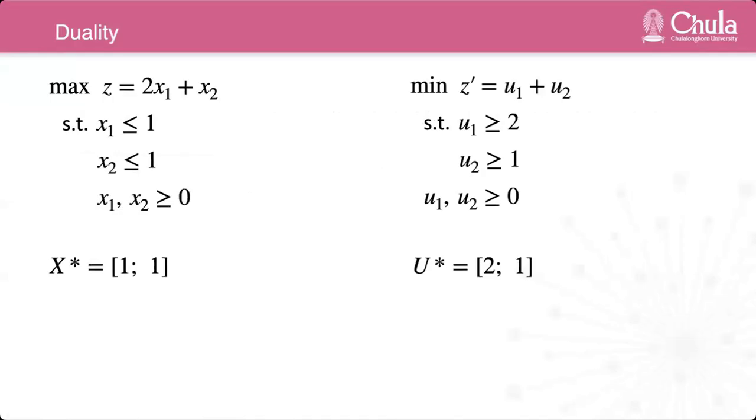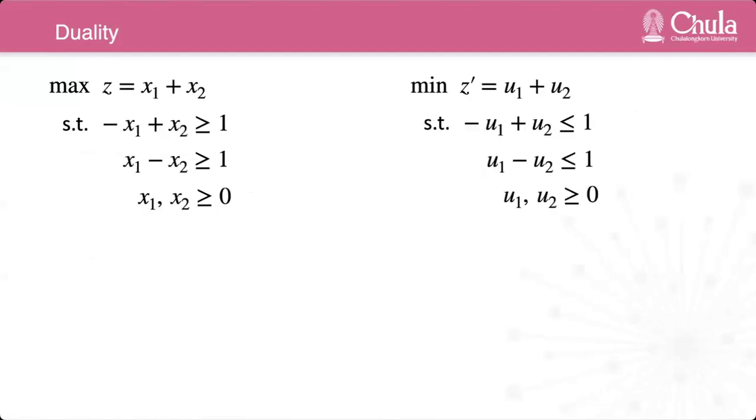We have more examples. Okay, this is primal and dual. This is also, you see, 1 1, right?